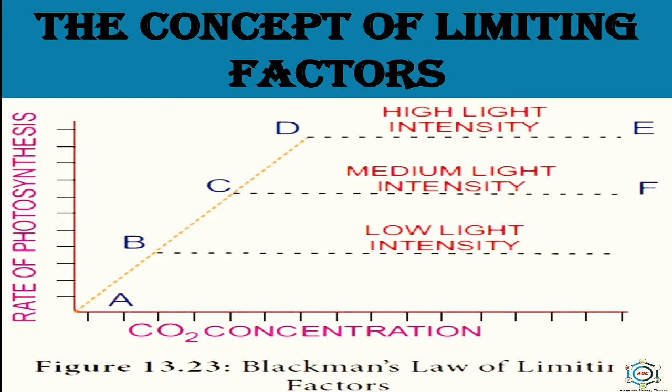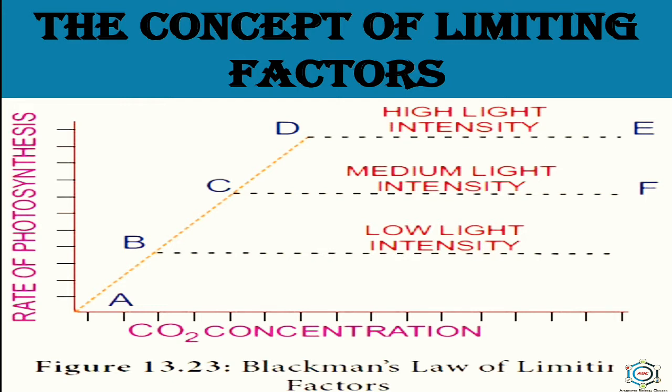Addition of carbon dioxide when coupled with the increase in light intensity also increases the rate of photosynthesis. The line here, B and C, indicates a linear increase when light intensity has been raised from low to medium.